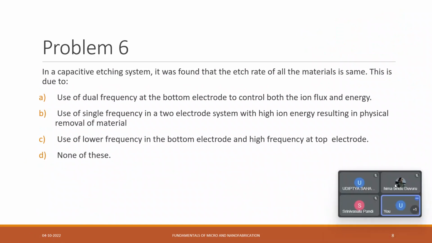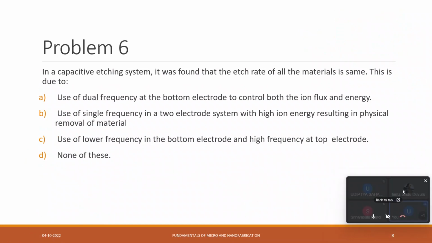Okay, so this is problem 6. This is about a capacitive etching system. This is a question from the configurations that I told you, the plasma etching configurations. In a capacitive etching system, it was found that the etch rate of all materials is the same, and you have to find why this was an issue.